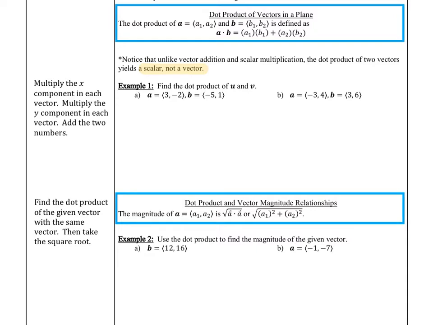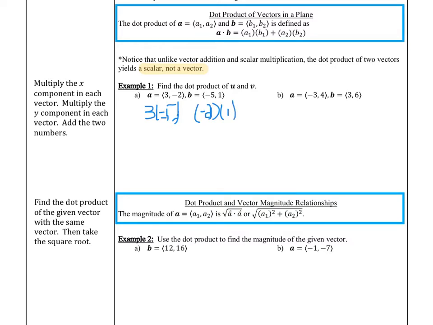Again, when we do the dot product, we multiply the x coordinates together. So we're going to multiply the 3 times the negative 5. And then we're going to multiply the y coordinates together, so the negative 2 times the 1.